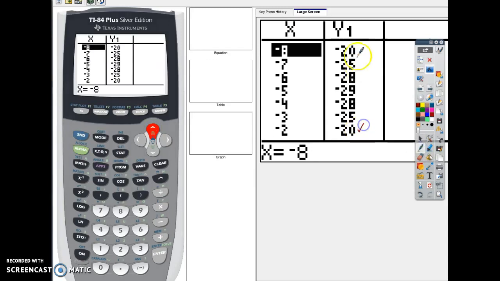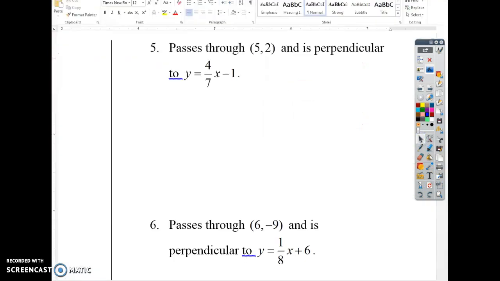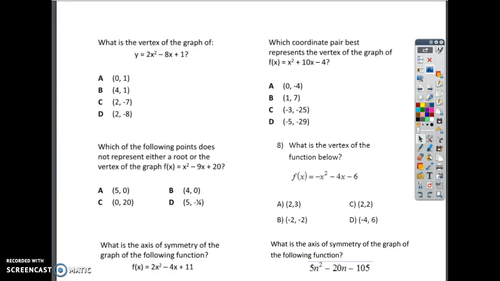I have negative 20, negative 20, negative 25, negative 25, negative 28, negative 28. The middle one, the vertex, is right there, which is negative 5, negative 29. So the answer is letter D. Oh, that's not it. The answer is letter D for this one, the vertex.